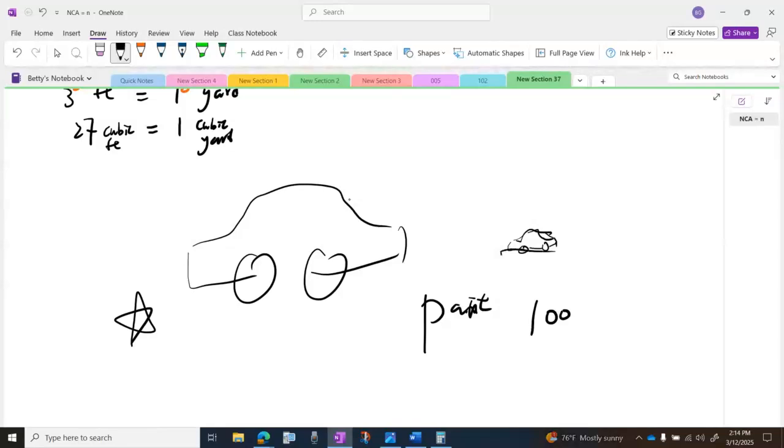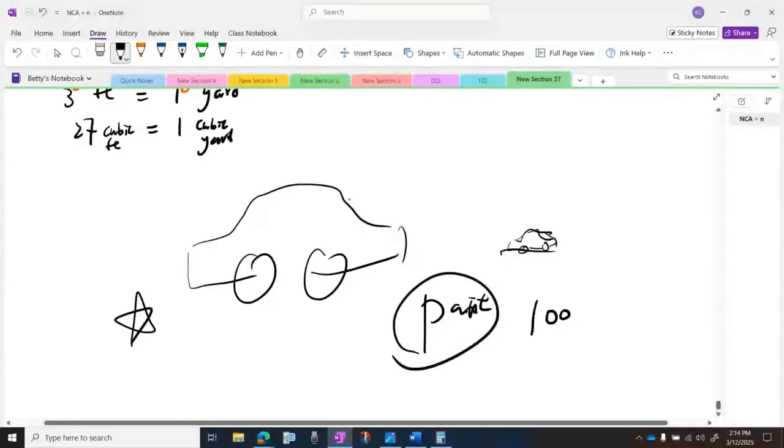But the car is a 3-dimensional thing, while the paint is a 2-dimensional concept. Because when you do the paint, you are actually considering the surface area. Surface area is a 2-dimensional concept.